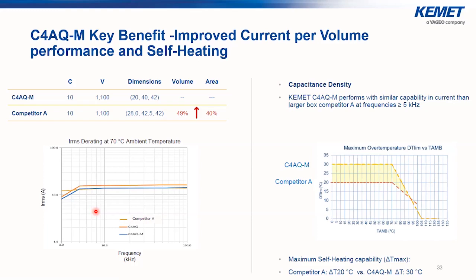This is very important to highlight, because we have better current capabilities than our competitors. The main difference comes from the maximum self-heating that we allow for this series. If we compare the self-heating capability of the C4EQM with our competitor, we see that we allow a higher delta T, which makes this difference.